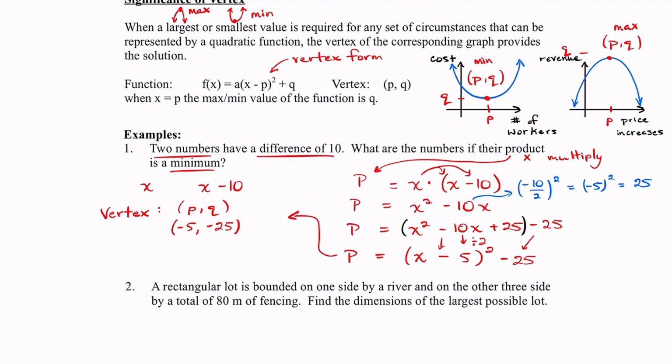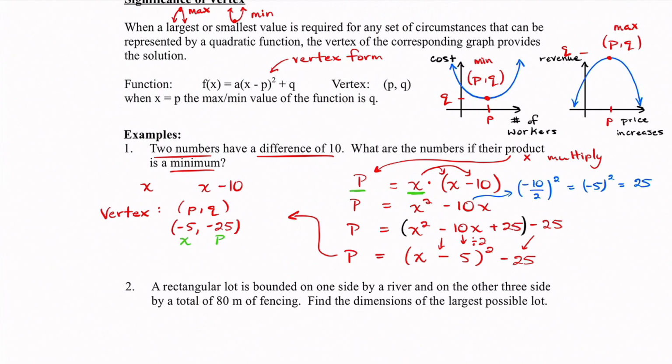The variables we were using are P and x. So this is x, which is one of my numbers, so I already know one of the numbers. This other number here, negative 25, that is the P, that is the product. So the product is negative 25. That's the minimum product that I can get.